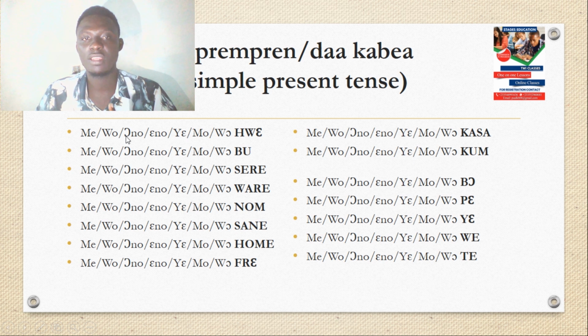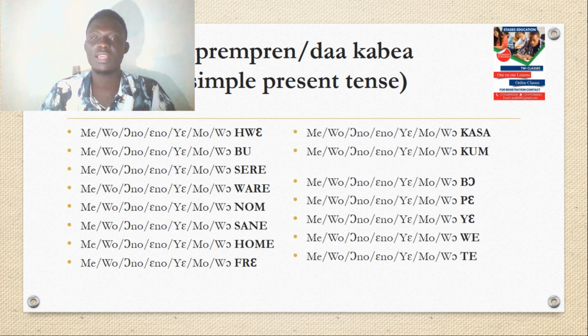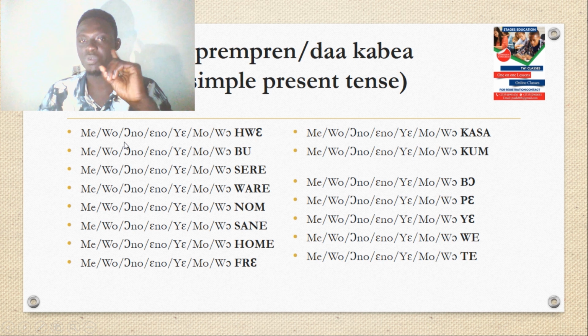But as a pronoun, it's supposed to be yen. But just as with he and she, we take the last letter away and it becomes ye. So we watch becomes yehwe. Instead of yenhwe. When we say yenhwe, it means let us watch. But if I say we watch, it is yehwe.